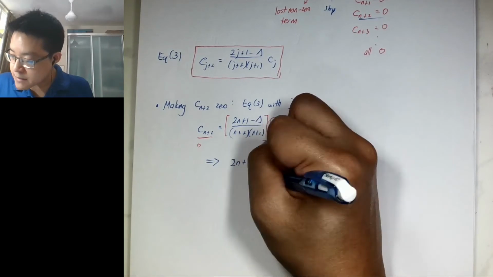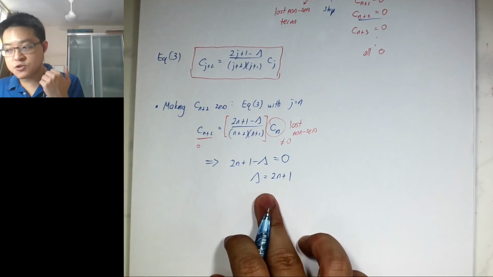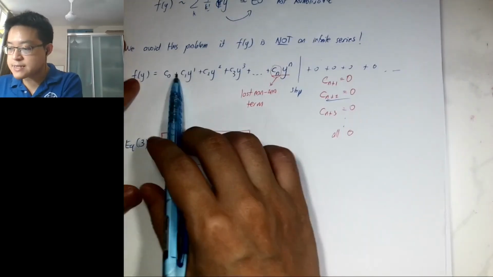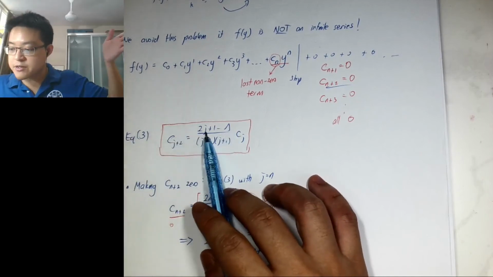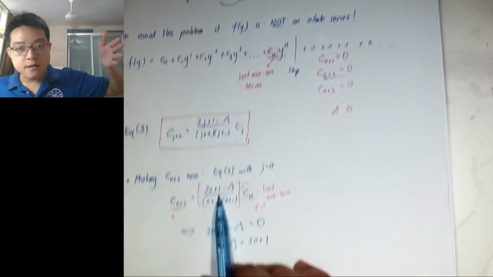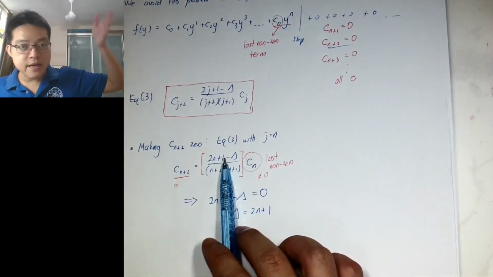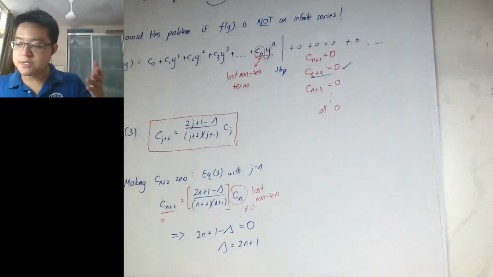So if lambda is equal to 2n plus 1, then as I sum, j increases from 0, 1, 2, 3, until I reach j equals n, where lambda equals 2n plus 1, and this becomes 0. So I will make this term 0.